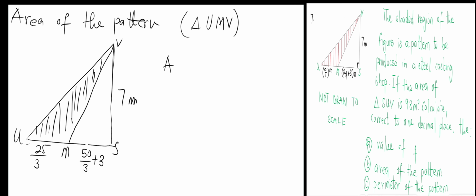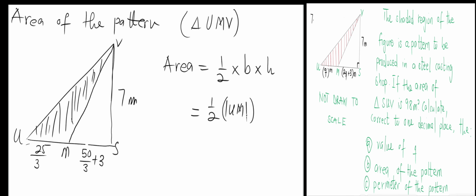So area here will be equal to half multiplying base multiplying the height. When you look at the shaded region, you can see that the base is UM. So half of the distance between point U and M, multiplying h.